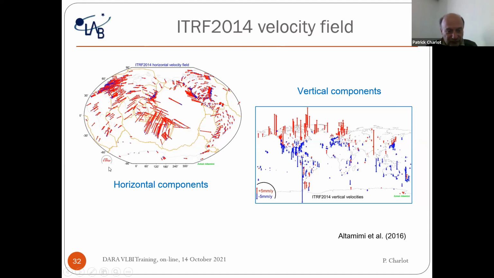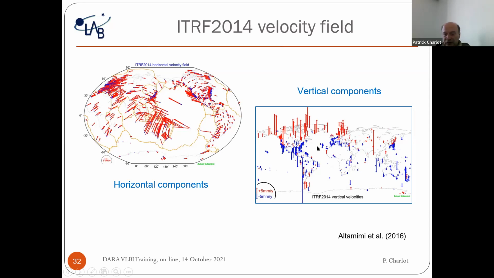The scale is, I think, 2 centimeters per year for this bar. So you see that this can go up to probably the order of 8 to 10 centimeters per year for the largest motions.